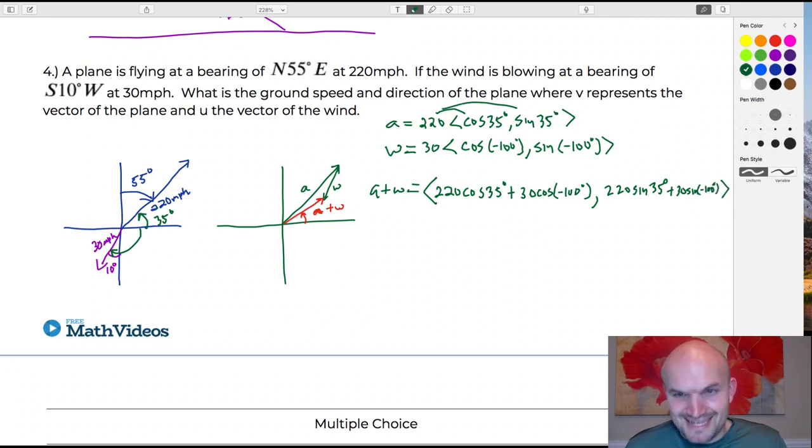All right, so you can see basically all I'm doing is taking the first two components, adding them up, taking the second two components, adding them up, and making sure that I also distributed those, okay?